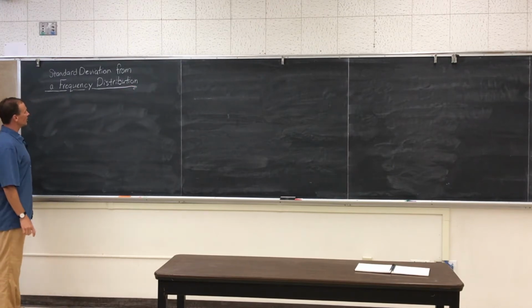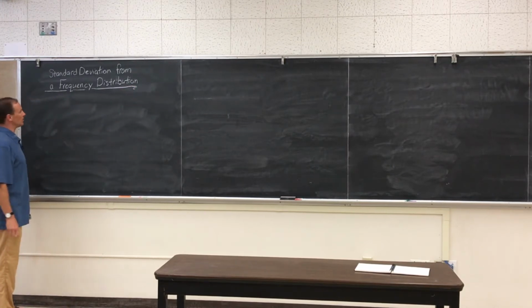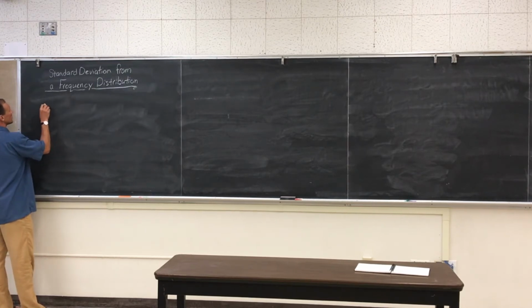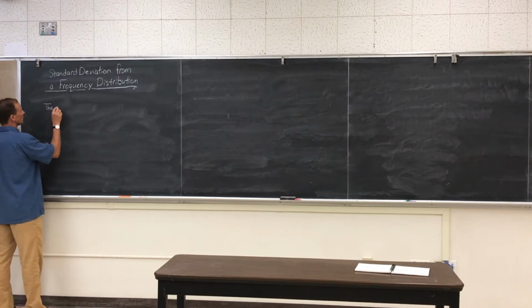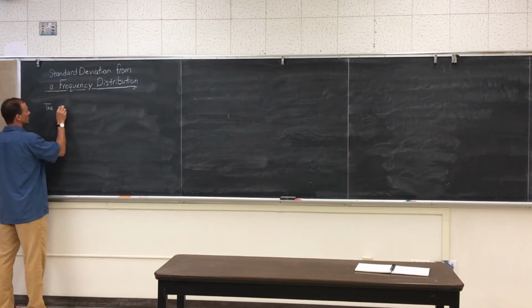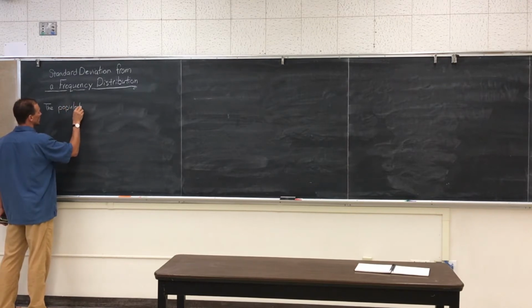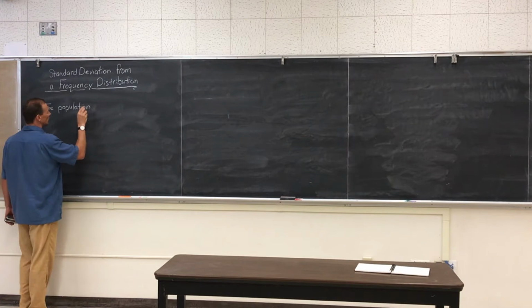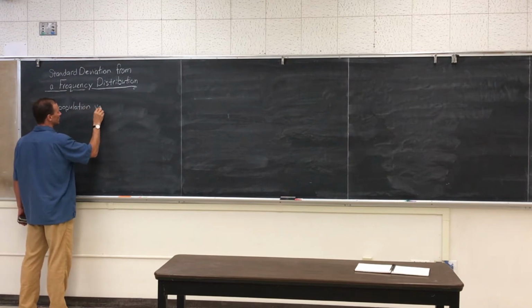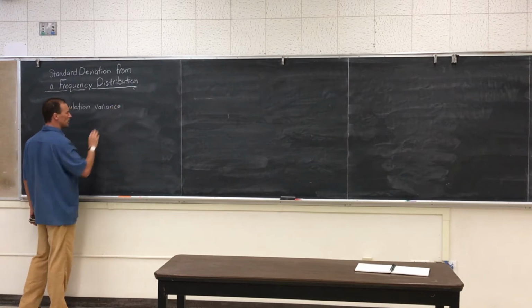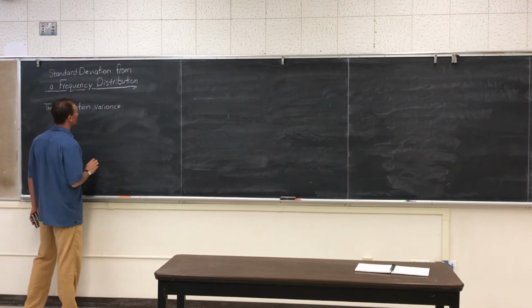Okay. So let's do a quick review. So remember this. The population, let's look at this. The population variance, this is a bit of a reminder, but I think it's always in good order.